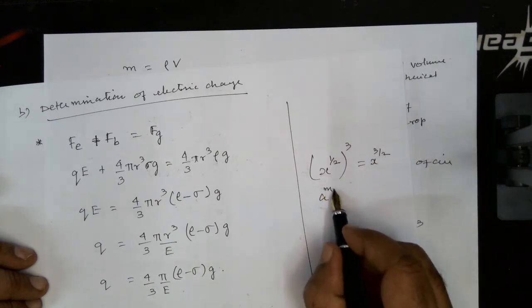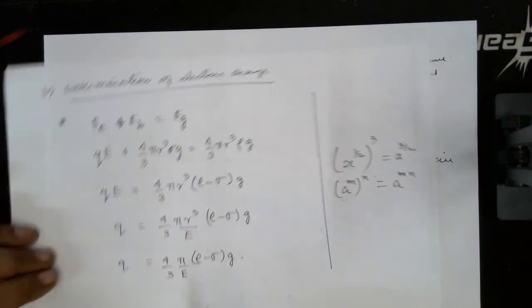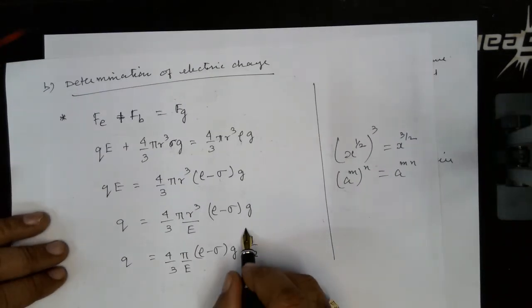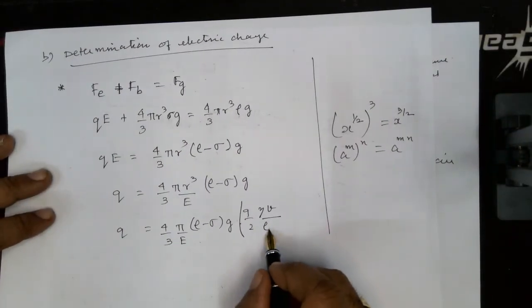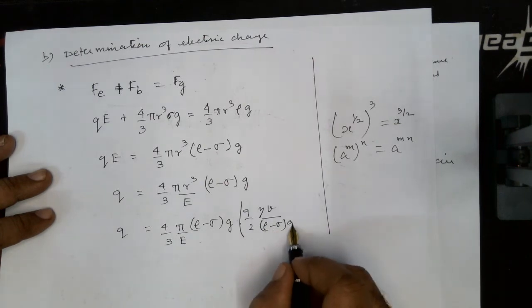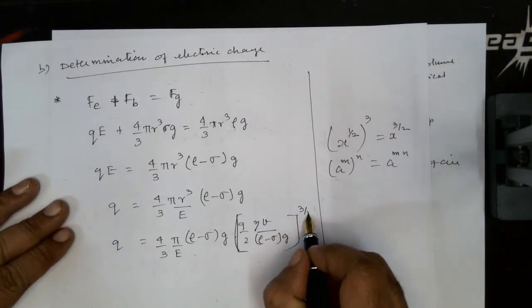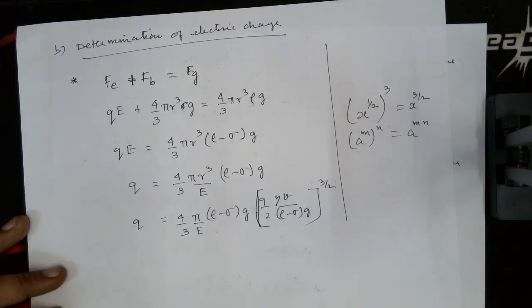That is a power m whole power n is equal to a power mn. In this way we can have 9 by 2 into eta terminal velocity divided by rho minus sigma into g whole power, instead of 1 by 2 we can have 3 by 2. Got it? Okay.